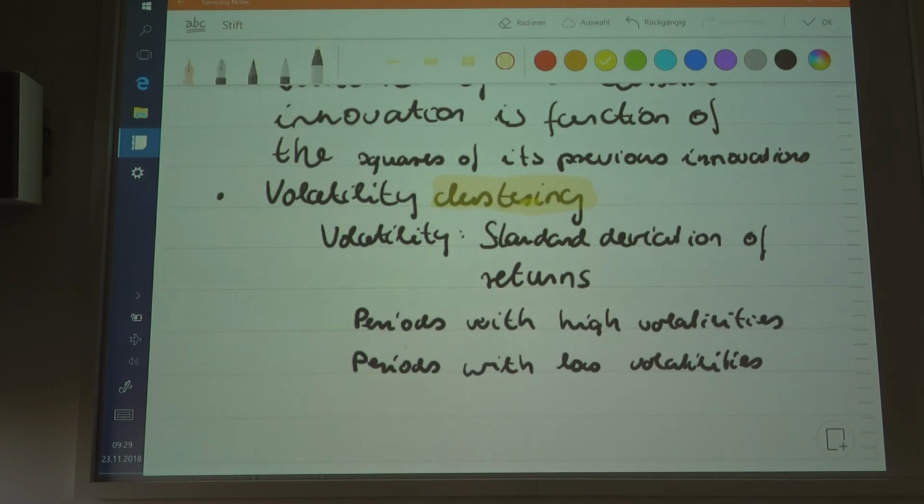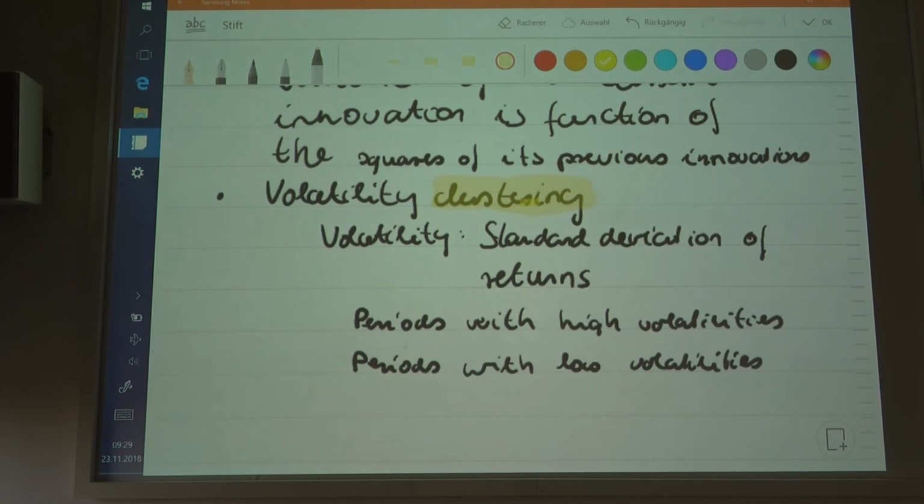This means that you have volatility clustering: periods where the volatility is high, because the market is relatively nervous, and everybody is nervous, so you have relatively large price changes in the market.